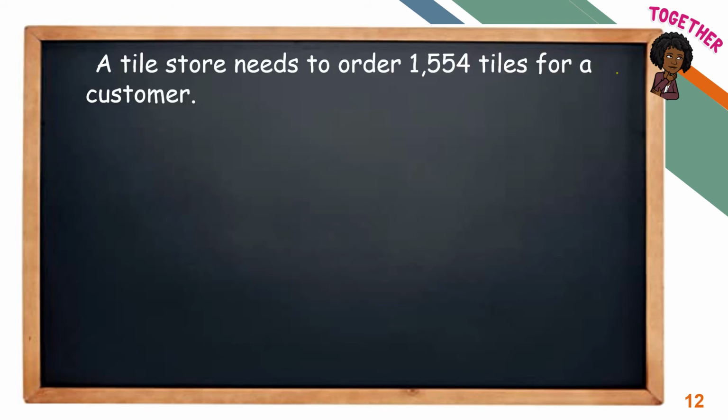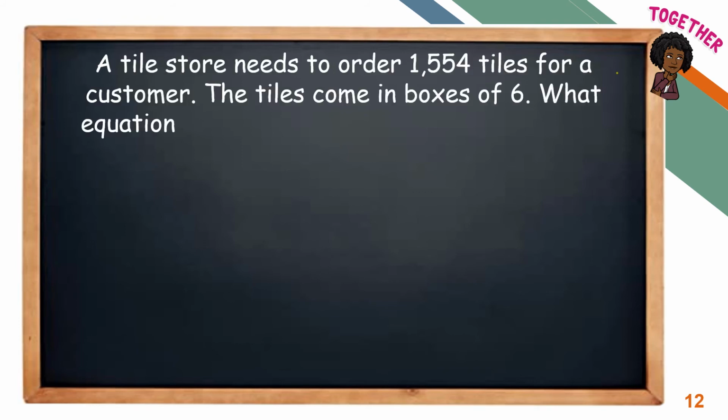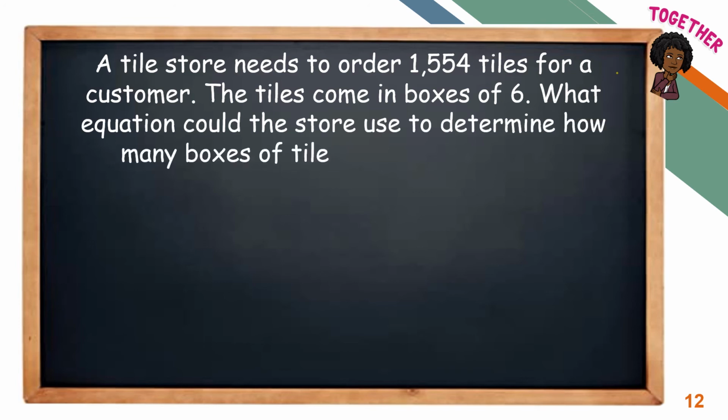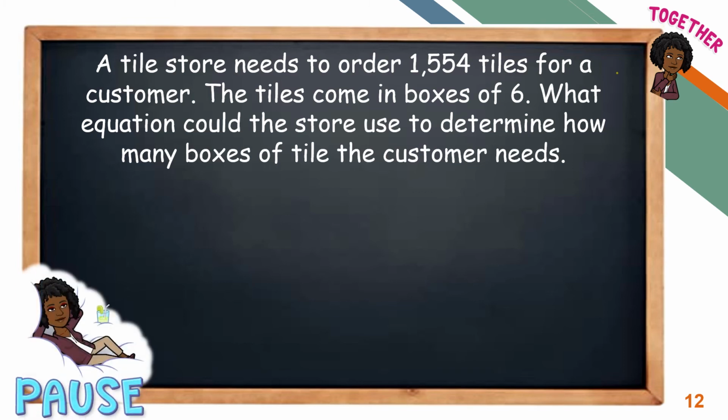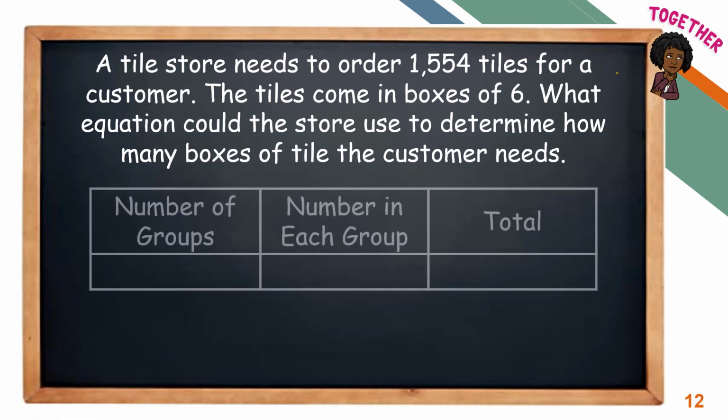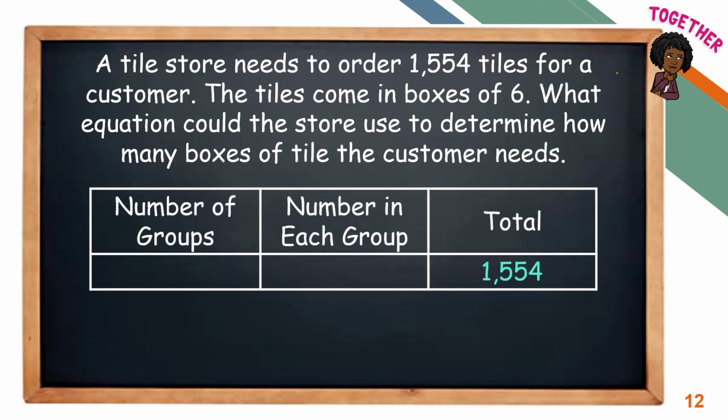Let's try one more together. A tile store needs to order 1,554 tiles for a customer. The tiles come in boxes of 6. What equation could the store use to determine how many boxes of tile the customer needs? What do we know about this problem? We know that the store needs 1,554 tiles total.